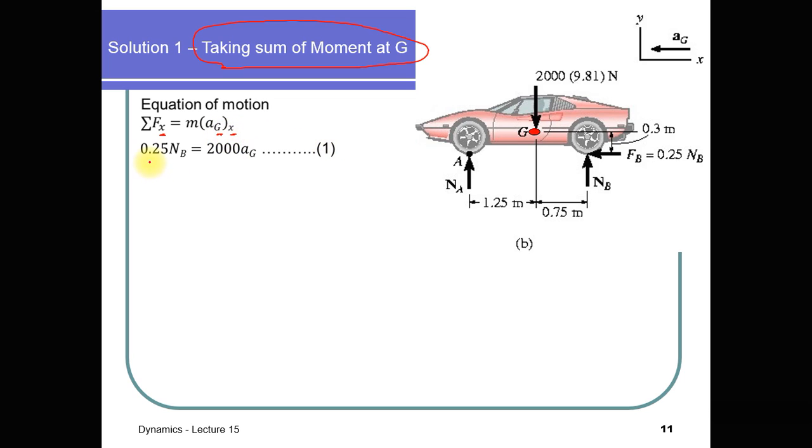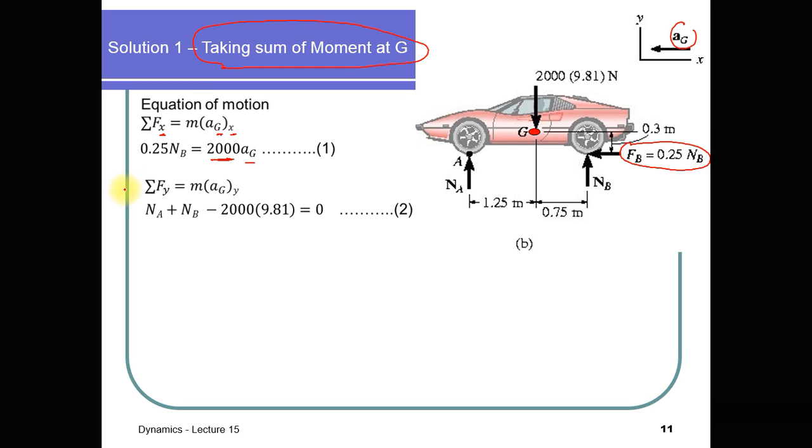The total external force in the x direction equals m a G, so 0.25 N_B is equal to the mass of the car times the acceleration along the x-axis. This is equation number 1.